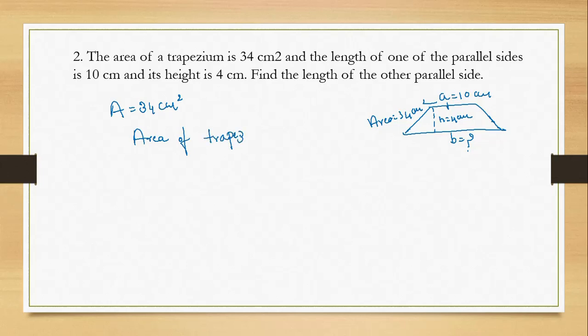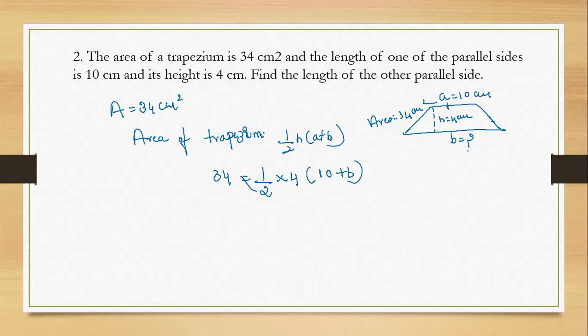So we know the formula for area of trapezium is equal to half of its height into a plus b. We know that area 34 is equal to half into height, they gave 4, and they gave one parallel side, and we don't know the other parallel side.